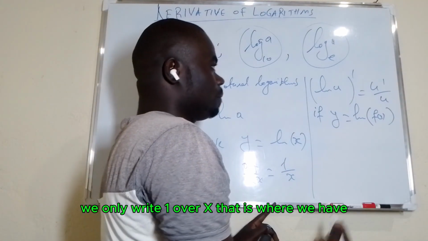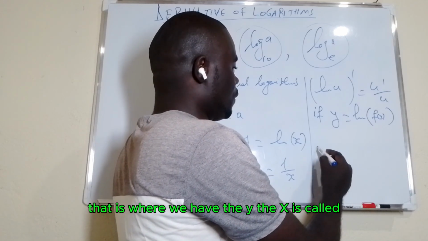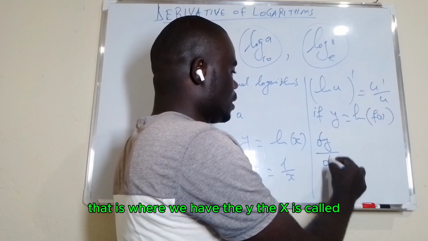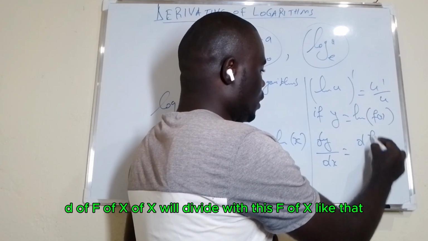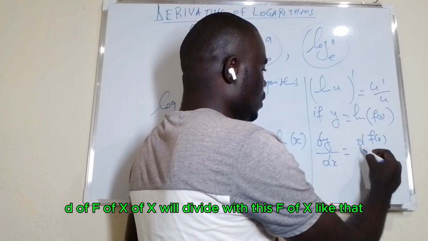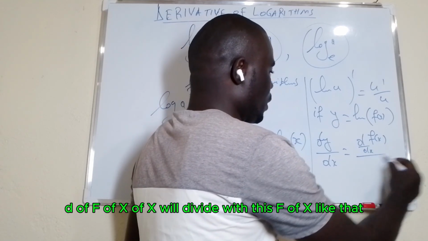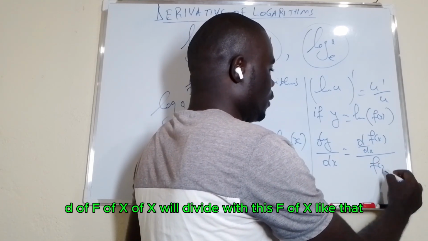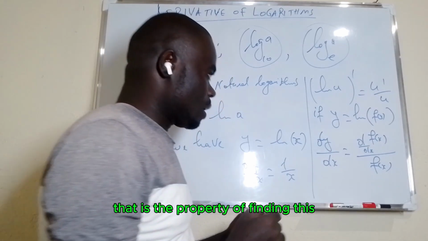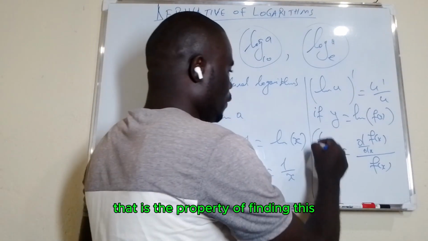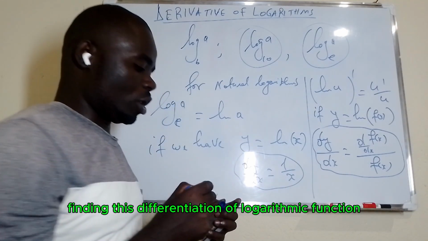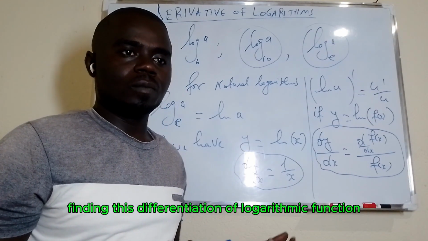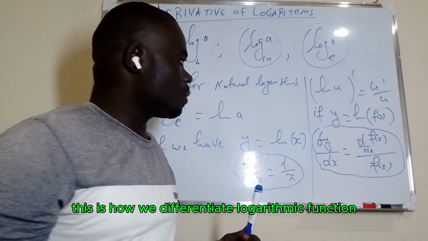So dy/dx is equal to the derivative of f of x, and we divide by this f of x. That is the property for finding the differentiation of a logarithmic function. This is how we differentiate a logarithmic function.